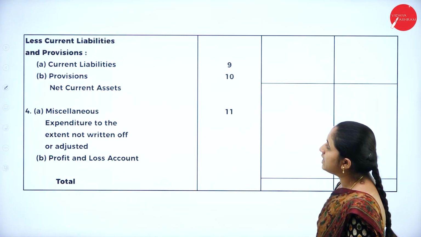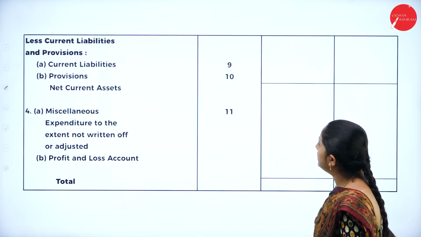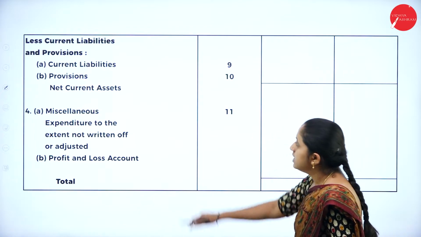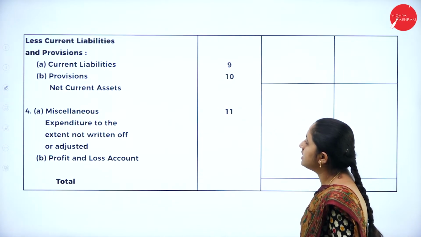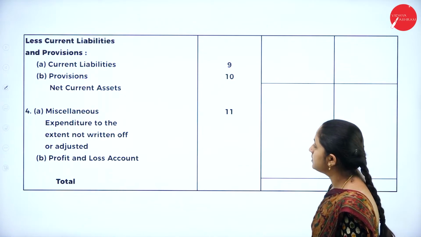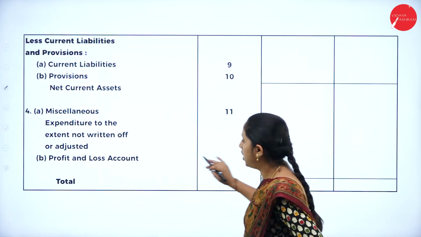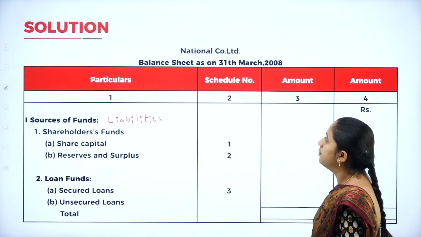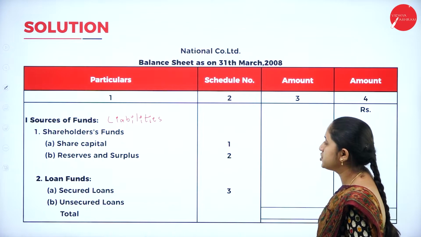Then less current liability and provisions. The result is net current assets. Current assets minus current liability is equal to net current assets. Then miscellaneous expenses, profit and loss account.